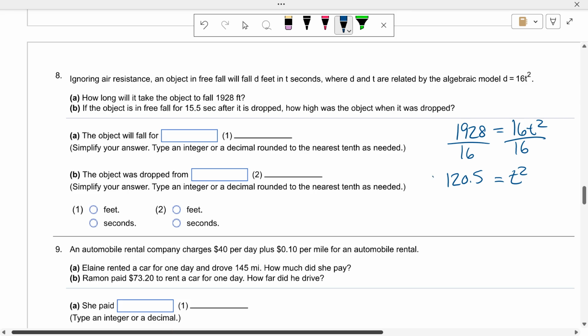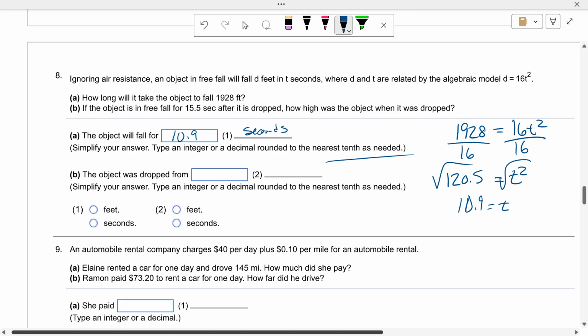Now take the square root. It, I would guess, is somewhere around 11. What? 10.9. Okay, round to the nearest tenth. 10.9 seconds.